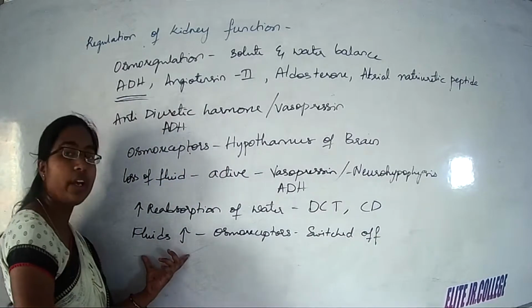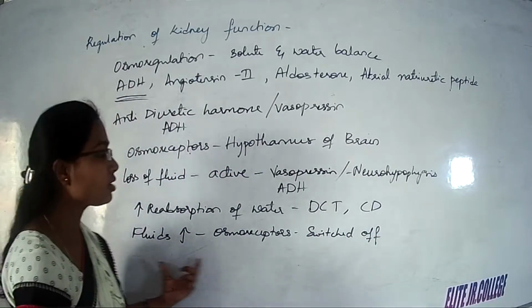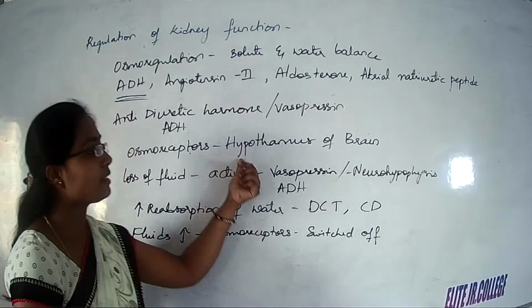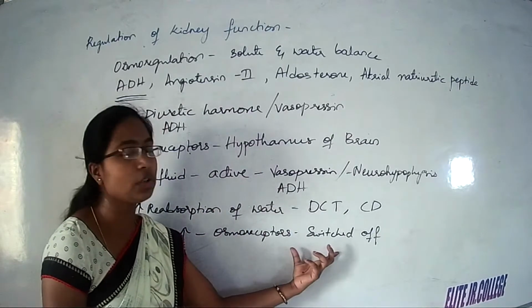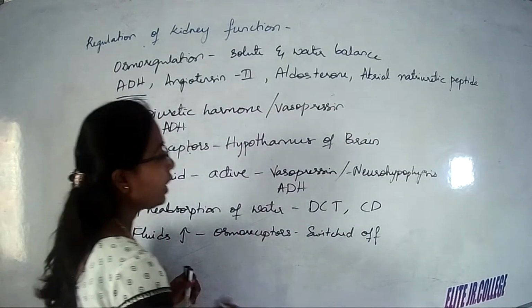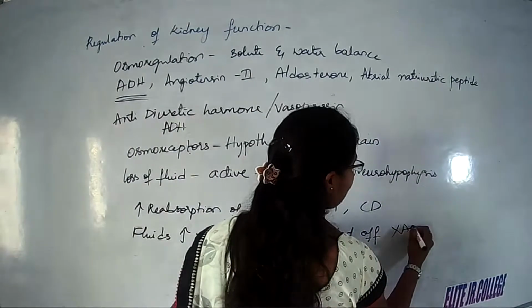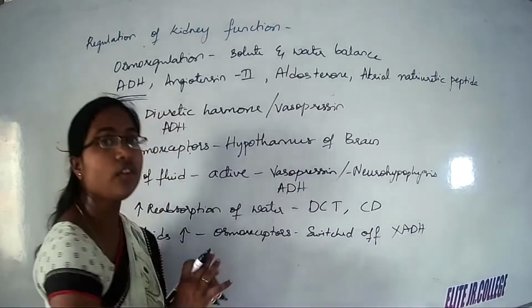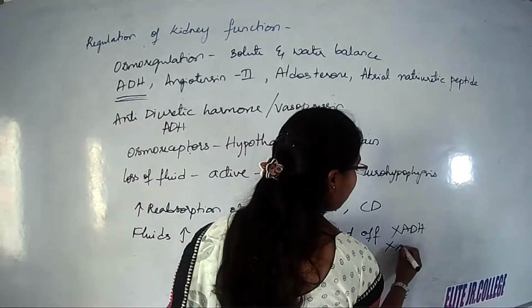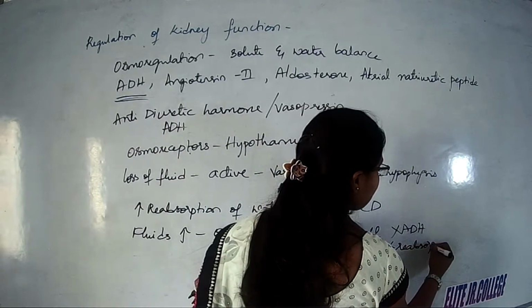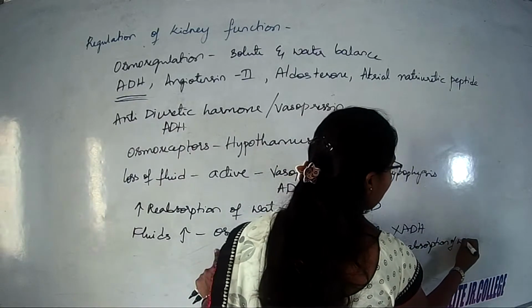Whenever the fluids in our body are increasing, then the osmoreceptors of the hypothalamus are going to get switched off. When the hypothalamus osmoreceptors are switched off, then there is no production of ADH. When there is no production of ADH, then there is no reabsorption of water.